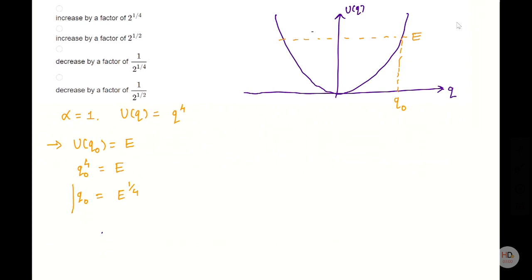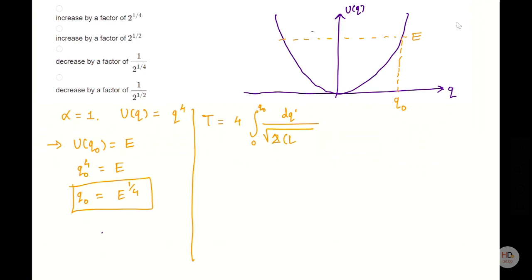Cool. Now that formula for time period was derived in the class. It's 4 times integral of, let me look at the formula, yeah, 0 to q0 dq prime divided by square root of 2 times E minus u of q prime. Let's substitute for u of q prime.